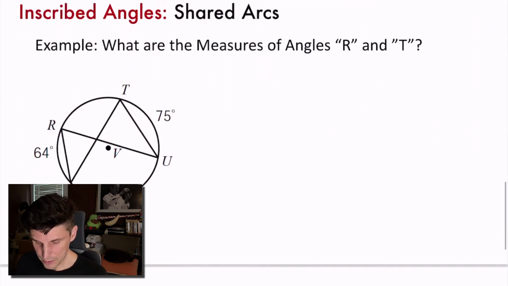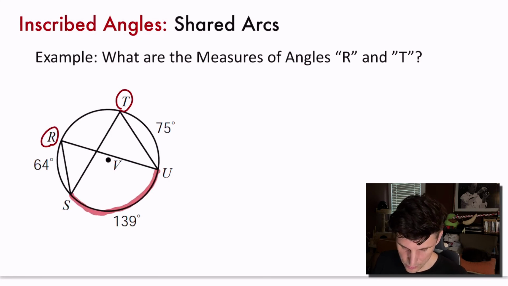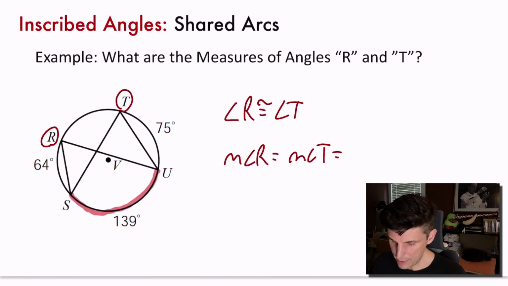So you might see a problem that looks like this. They say, what are the measures of angles R and T in this particular situation? So here's R and here's T, and they both share arc SU. That means angle R is congruent to angle T. So the measure of angle R equals the measure of angle T, which equals one half of 139.